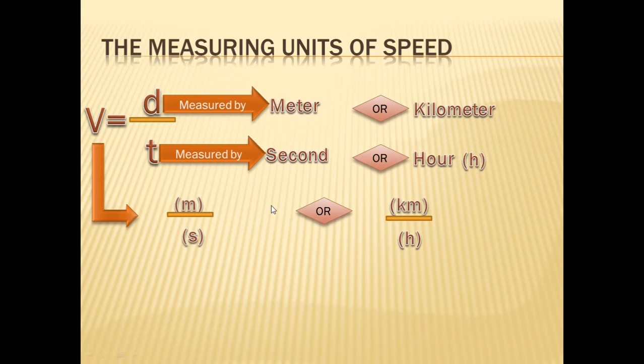Okay, so you have to put the compatible units together, the small units together or the large units together. What if in the problem the time is given in minutes? We do not ever use minutes in our problems, so you have to convert it either to second or to hour.